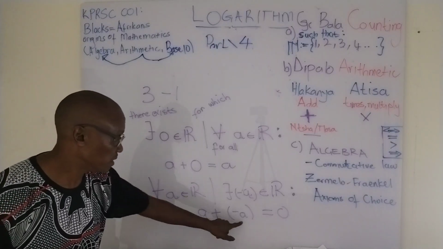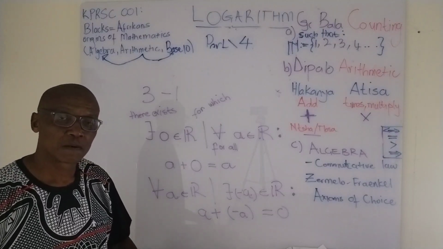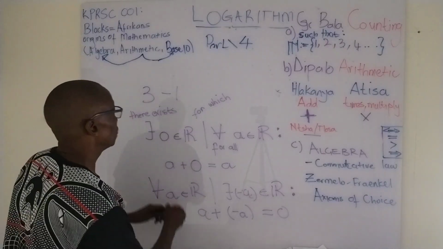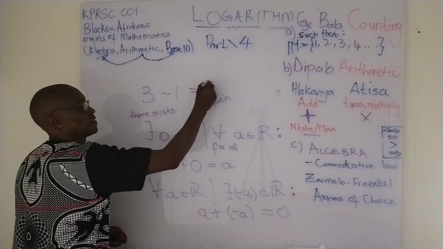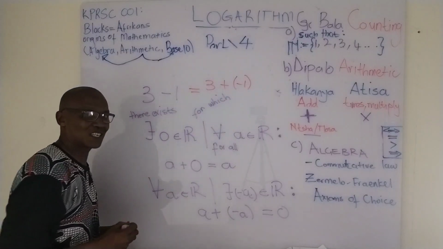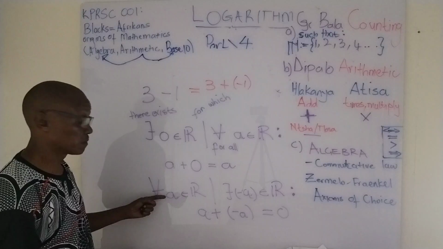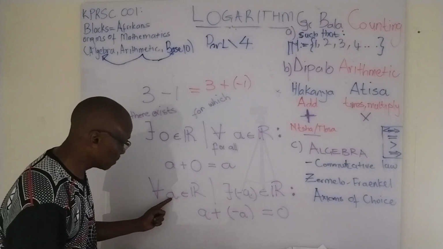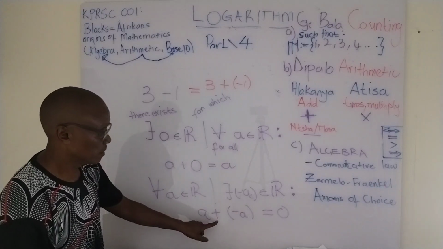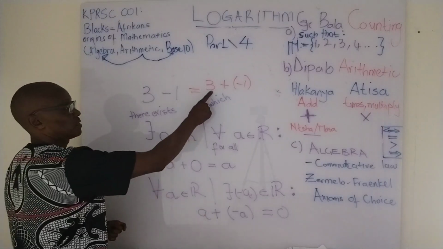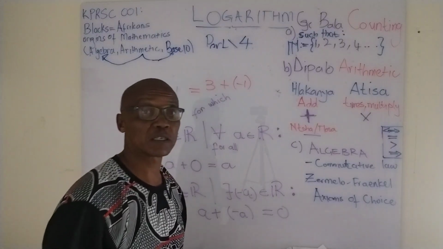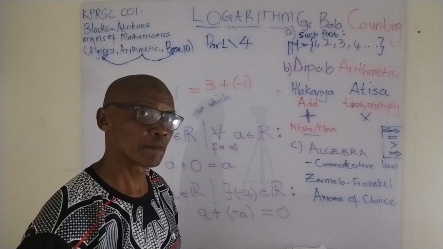We are adding the inverse element. So when you say 3 minus 1, you are literally saying 3 plus minus 1. Because it exists now, because of this. Meaning there is a 1, therefore there's a minus 1. So you can add, it's a number. I say, now negative numbers are numbers now. Now I can add them.